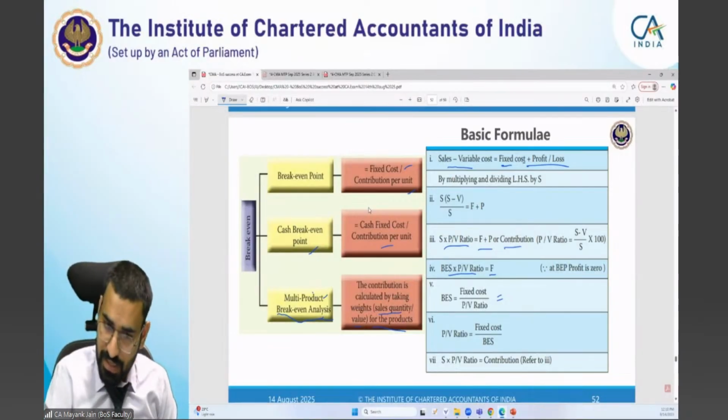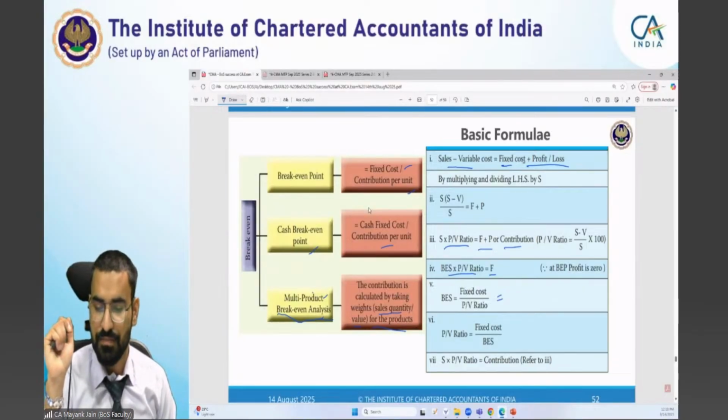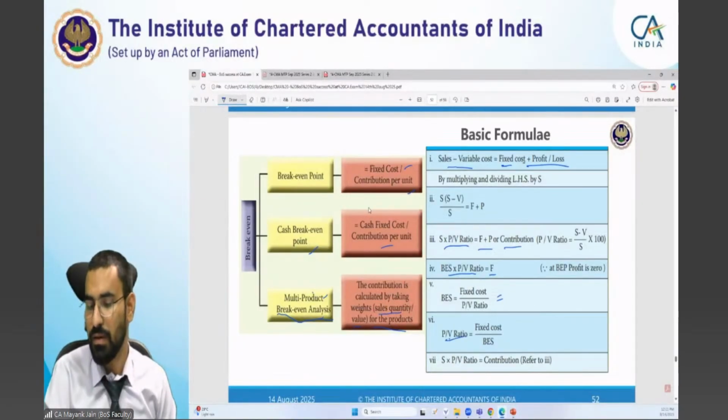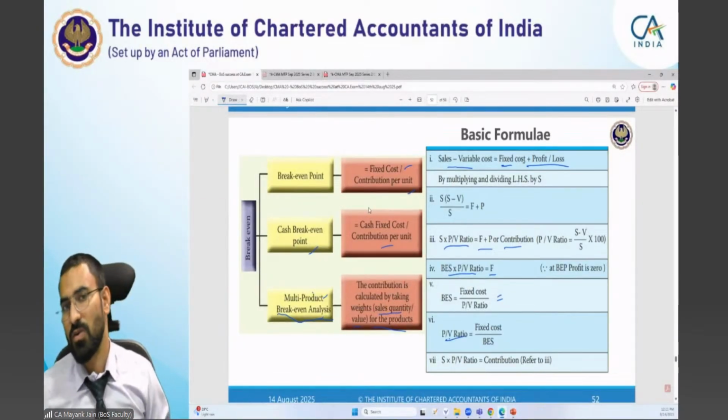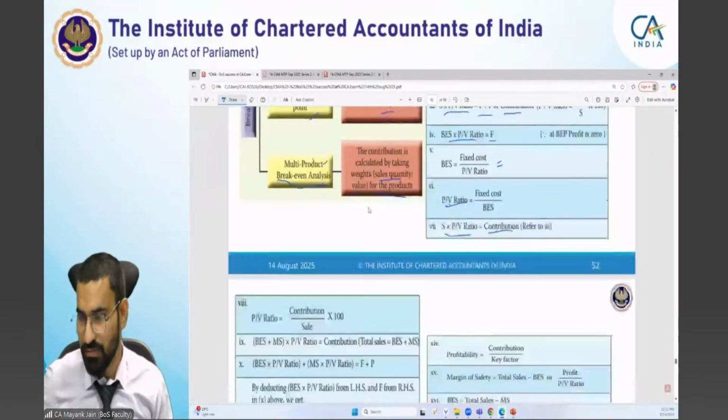Break even point in units is fixed cost divided by the contribution per unit, but break even sales in sales value equals the fixed cost divided by the PV ratio. And conversely, we can calculate the PV ratio by fixed cost divided by the break even sales. Sales multiplied by the PV ratio equals the contribution.